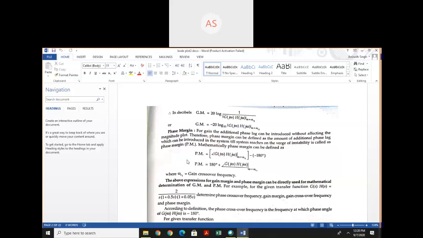Therefore, phase margin can be defined as the amount of additional phase lag which can be introduced in the system until the system reaches the margin of instability. Phase margin is defined as 180 degrees plus the angle of G(jω)H(jω) at the gain crossover frequency.